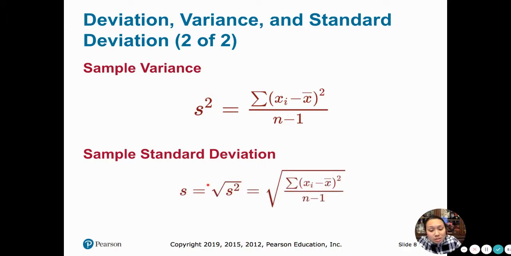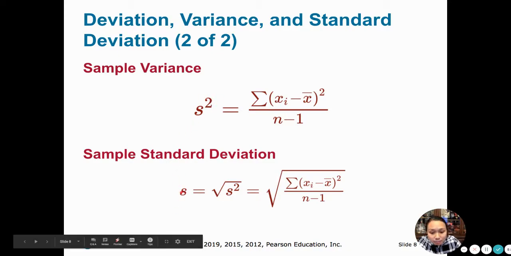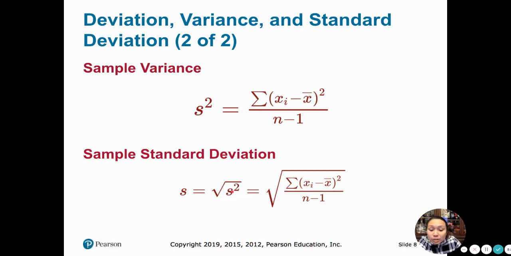Your sample standard deviation is your s. So if sample variance is s squared, then to get s, you take the square root of s squared, and that's the same thing as taking the square root of all of this stuff that you calculated earlier. All right?